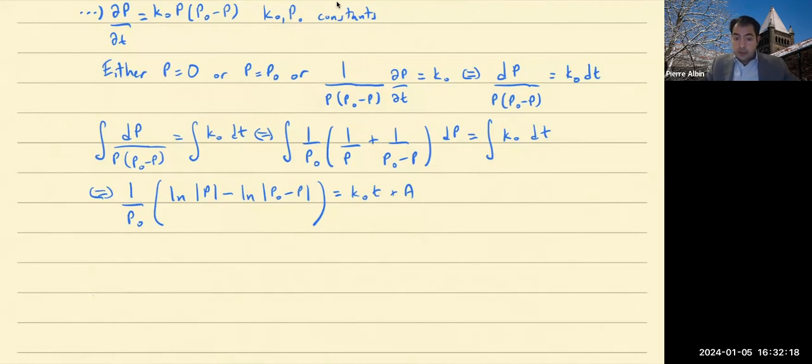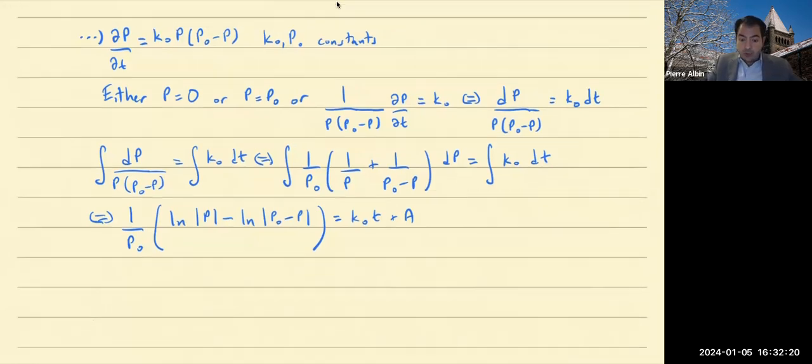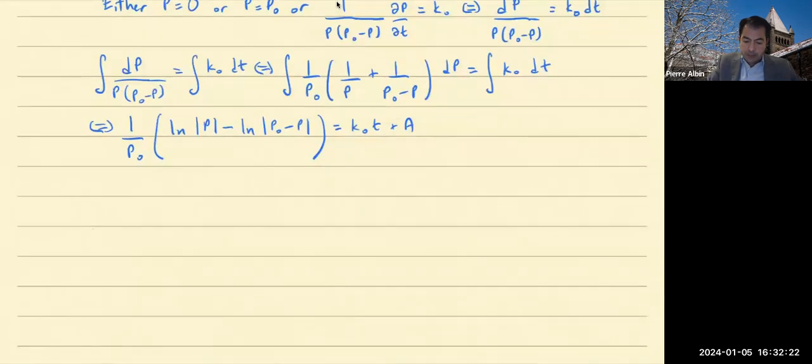All right. So if we exponentiate both sides, we end up with the absolute value of p over p naught minus p is equal to e to the p naught k naught t times e to the A times p naught, right?